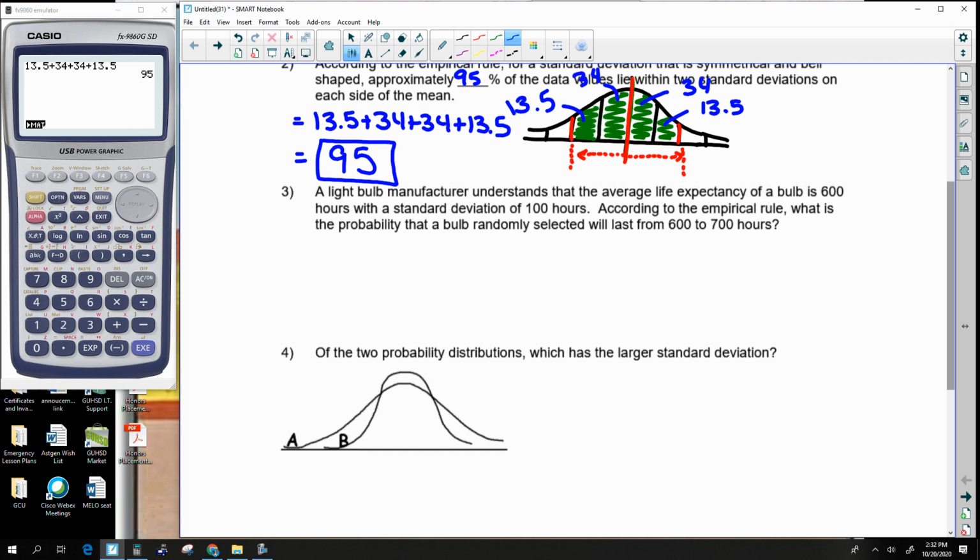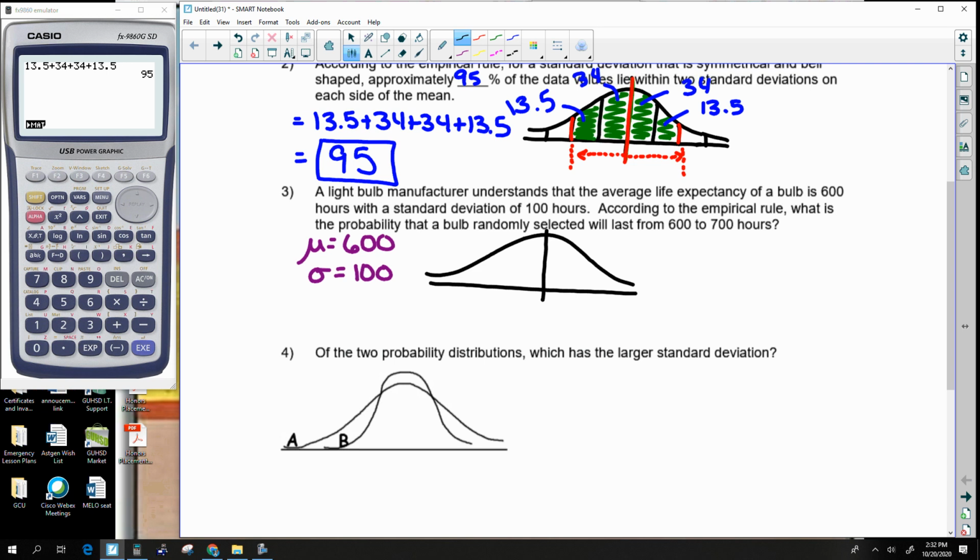Here we are using the empirical rule to figure some stuff out. Here it gives an average life expectancy of 600 hours with a standard deviation of 100 hours. Again, the average goes in the middle, and then we go up standard deviations, and we also go down standard deviations. The average in this case is 600.